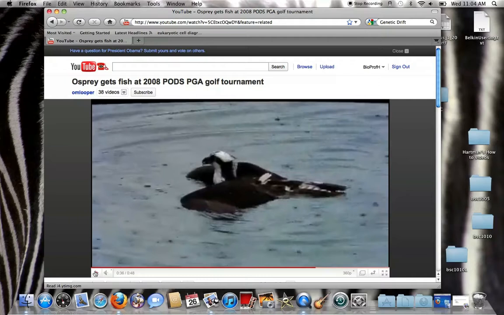The fish is underneath the water, and the bird's talons have embedded themselves in the fish. Now, if the bird makes a mistake and grabs a fish that's too large, that bird will drown. The fish will pull the bird under the water, and the bird will drown because it cannot let go.